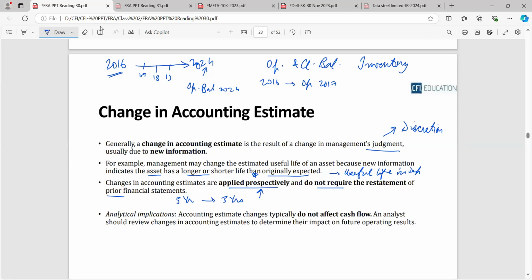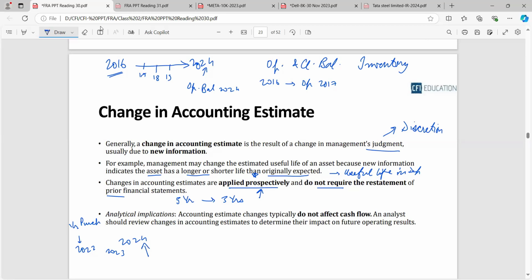Since with the coming of new technology, let's say you are standing in 2024, and till 2022, this was your purchase year of the asset. Now 2023 also passed. Let's say there is some new technology in the year 2024.